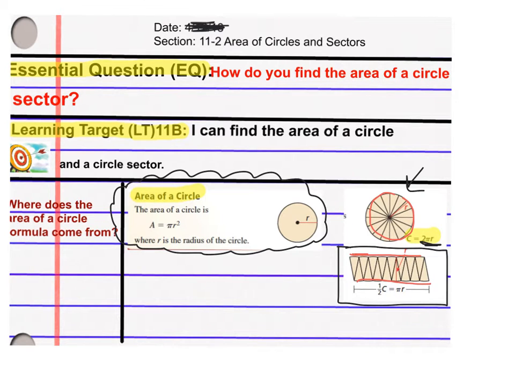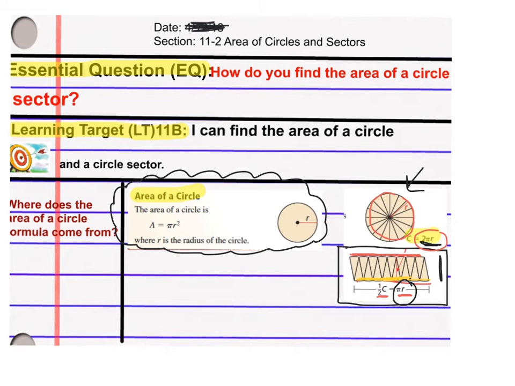Because half of your circumference is up here and half is down here. So half of your circumference, instead of 2 pi r, if you take half of that, that would just be pi r. So the length of this rectangle is pi r.